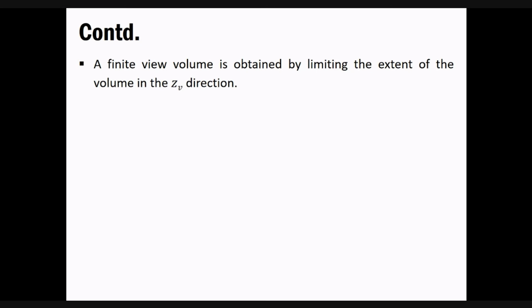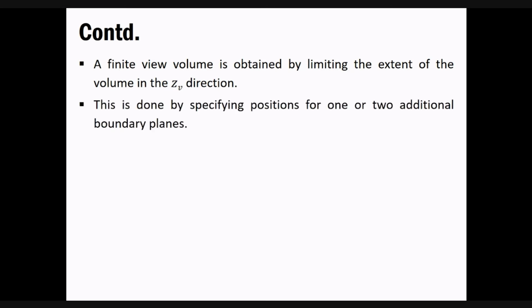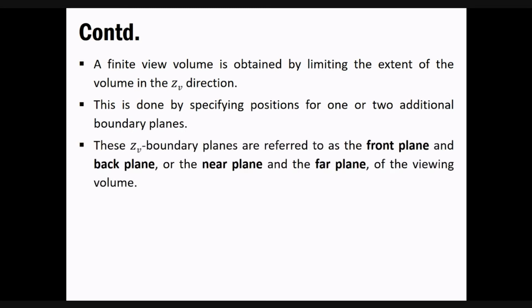So we will not keep it open in general, but instead limit the volume in the ZV direction. This is done by specifying positions for one or two additional boundary planes. How, we will see.